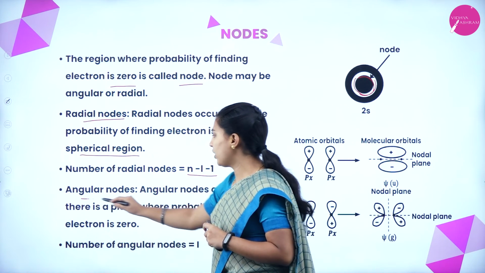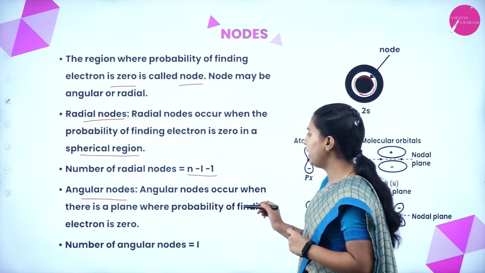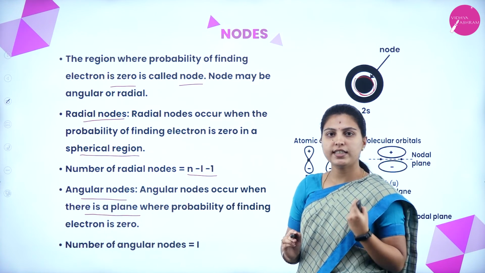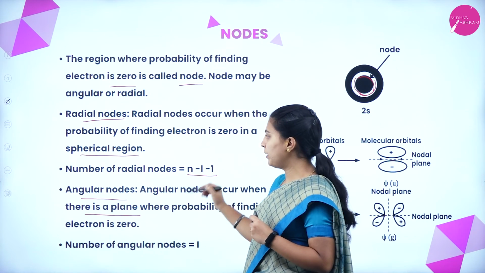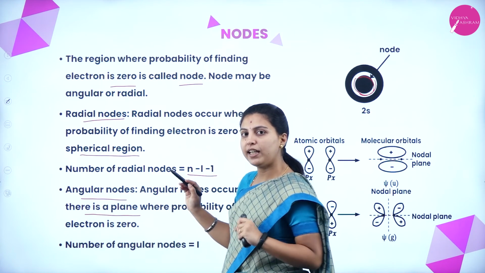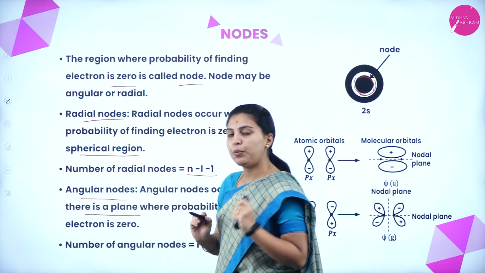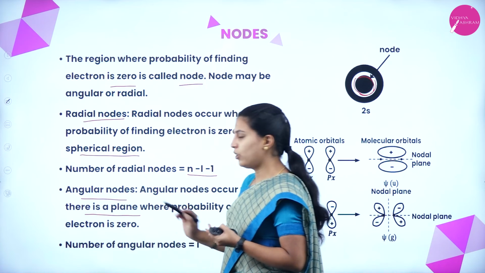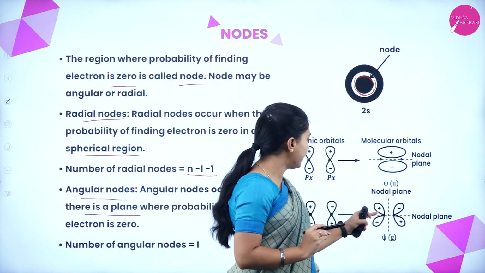Next, angular node. Angular nodes occur when there is a plane where the probability of finding an electron is 0. See, one of the differences between these two is that a spherical region with zero probability is a radial node. A plane with zero probability of finding an electron is known as an angular node. You can observe the plane here.